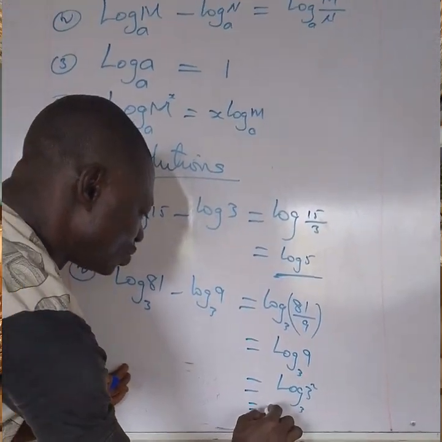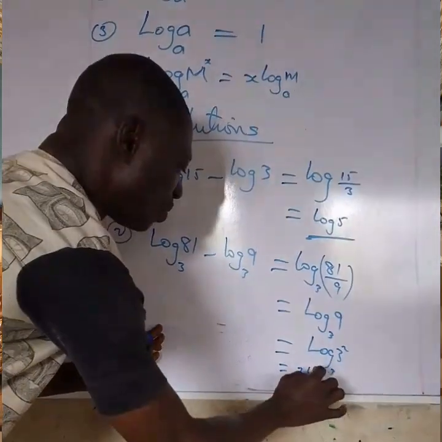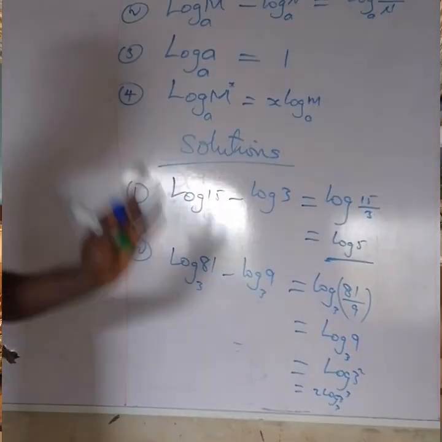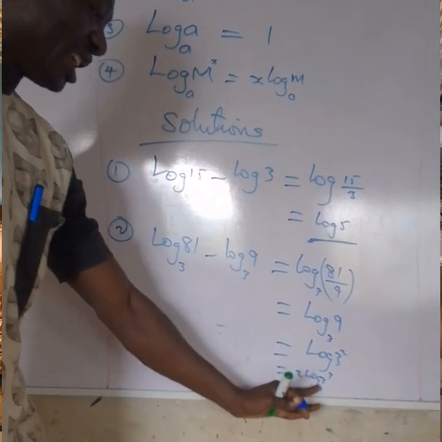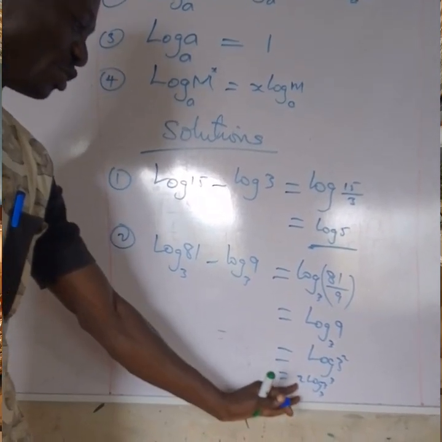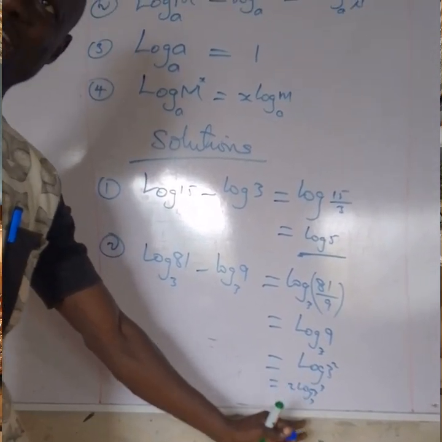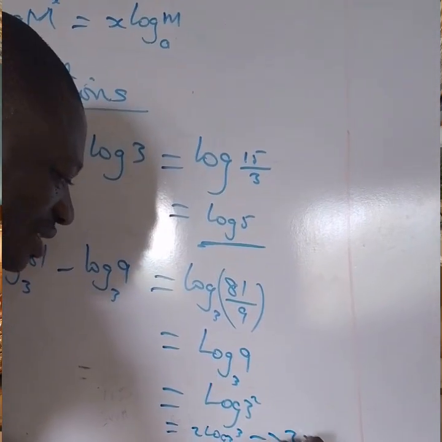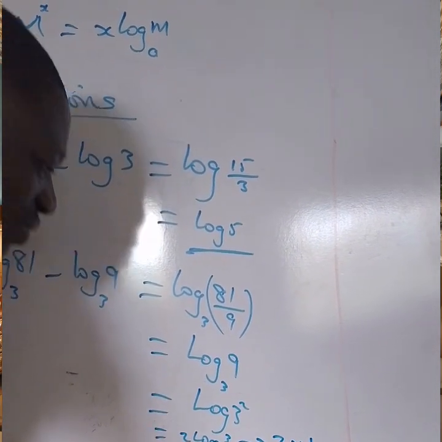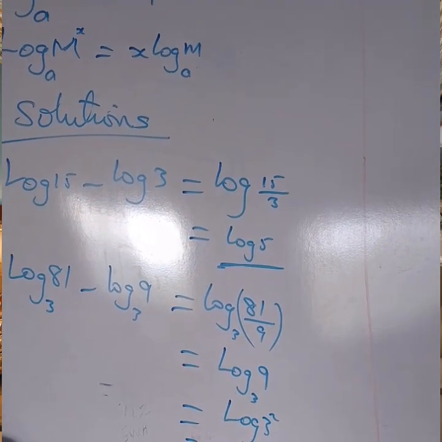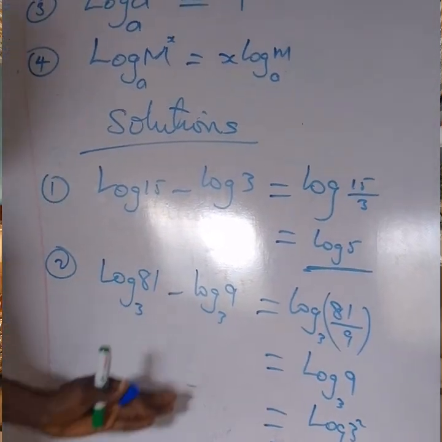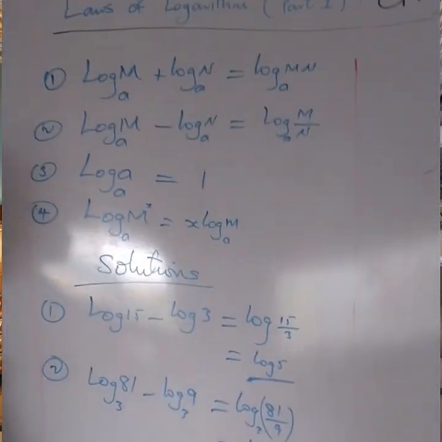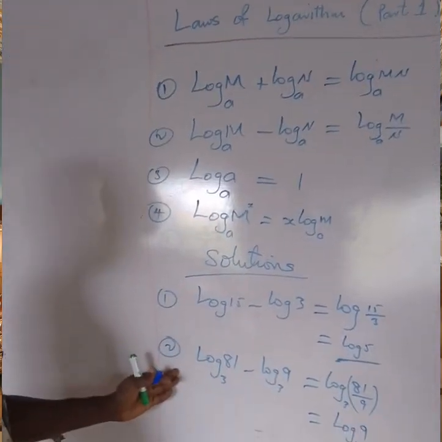That means 2 log 3 in base 3. And remember what we said before? That log 3 in base 3 is 1. So this is going to be 2 times 1. And 2 times 1 is 2. Which means that this log, of course, is going to give us just 2 as the last answer. Very good. This is question number 2.